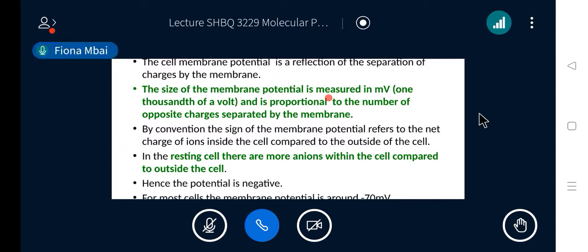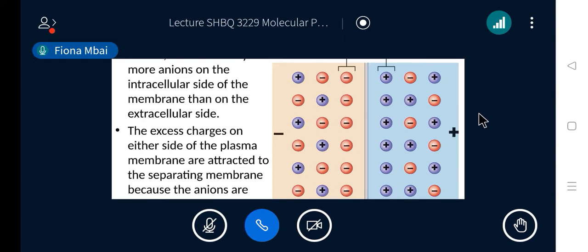Potential is measured in millivolts. So basically, I saw some of my colleagues in the UK trying to measure the charges. They would take a Pasteur pipette and put it on a Bunsen burner and stretch it so it's a tip to make an electrode.